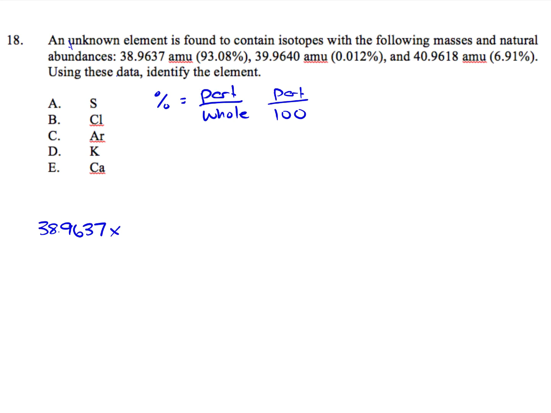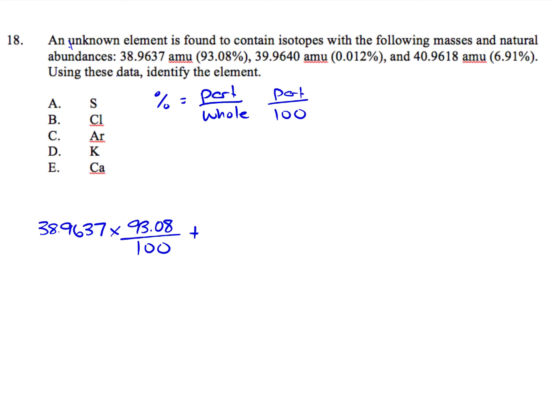So let's multiply this by 93.08 out of 100. Okay, so that'll get the weighted percentage or the weighted fraction of that isotope. And we're going to need to do this for each isotope and add them up.